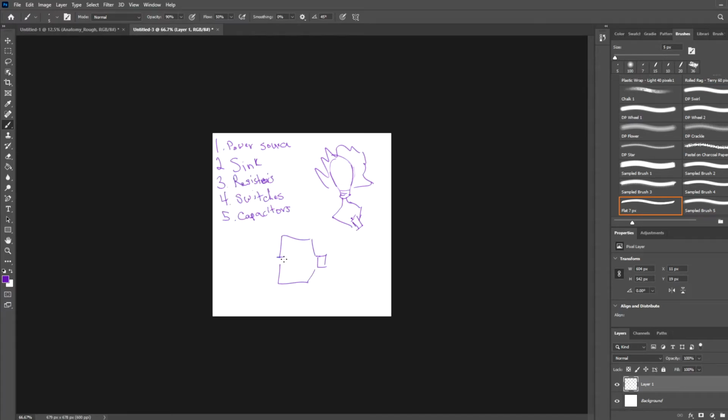A capacitor, often denoted with these two lines here, its responsibility is to store charge at the junction point, but not allow the current to pass through until a situation occurs where the positive and negative charges are not equal. As an example, say our battery goes dead.